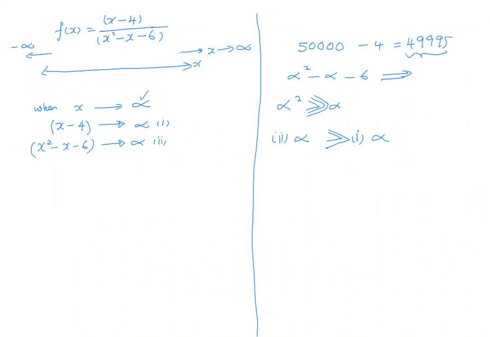All this is in your mind, okay? Now my f(x) is x minus 4 divided by x squared minus x minus 6. So it will tend toward what? My f(x) is big divided by very, very, very big.